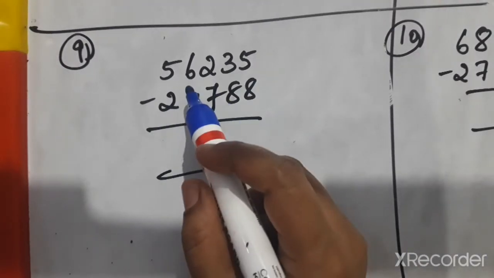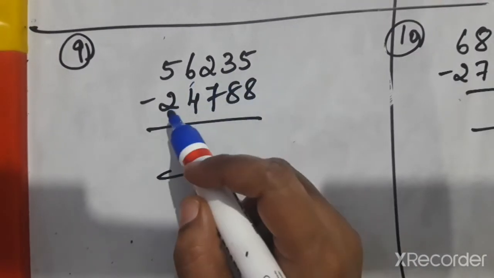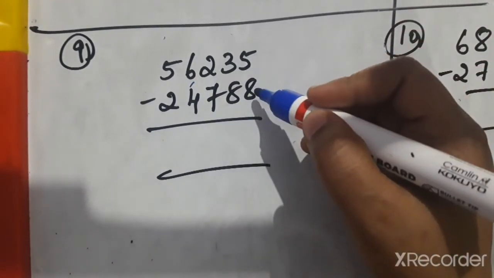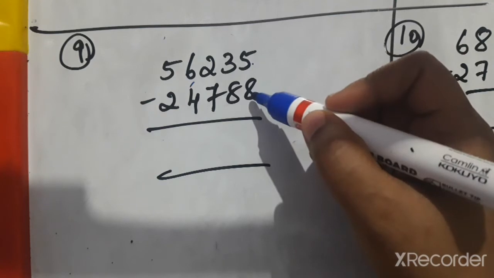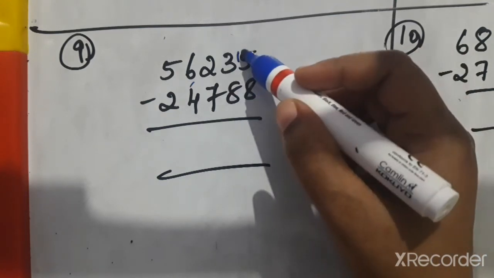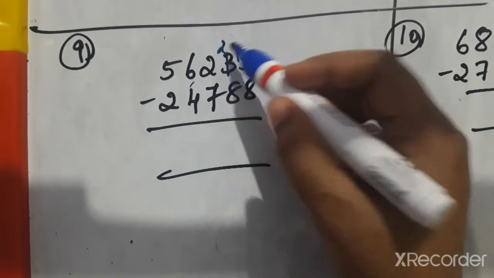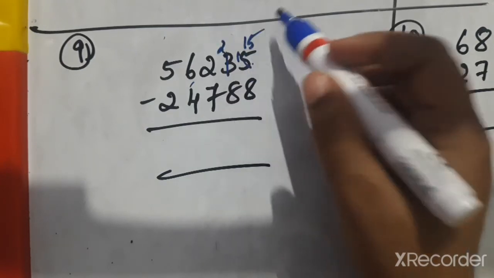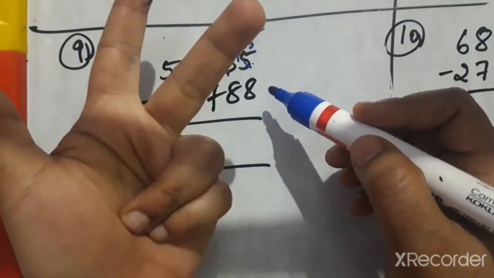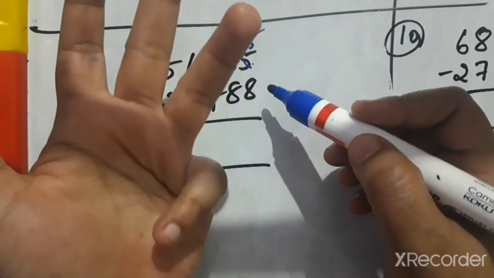Now 9th one, 56,235 minus 24,788. Now 5 minus 8 we can't subtract it because 5 is less than 8. So borrow 1 from 3. So here 15, and 3 will become 2 and 15. 15 minus 8 means 9, 10, 11, 12, 13, 14, 15.